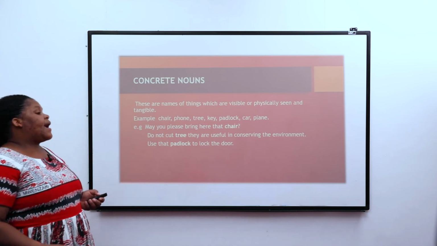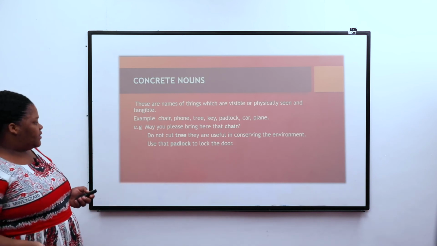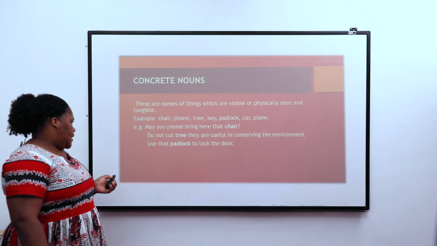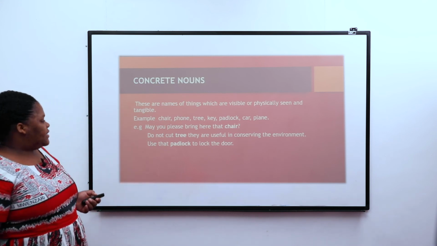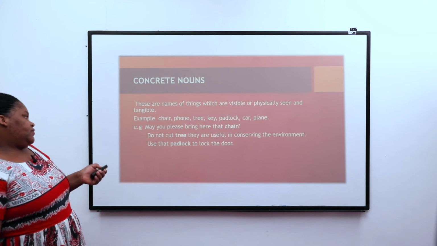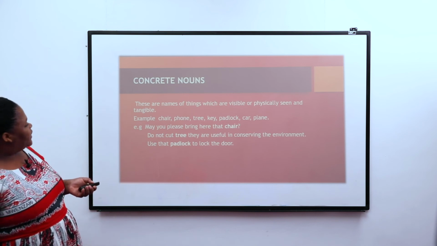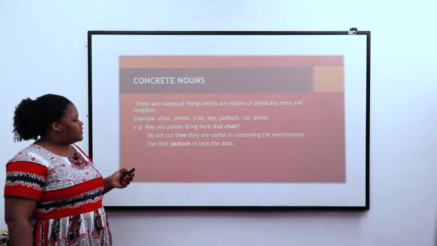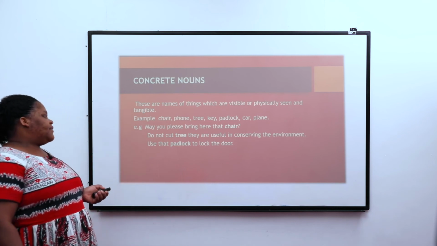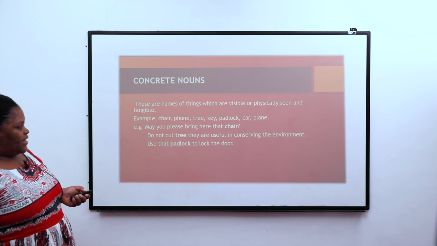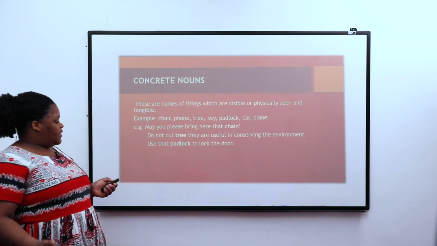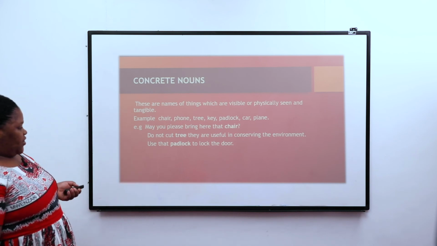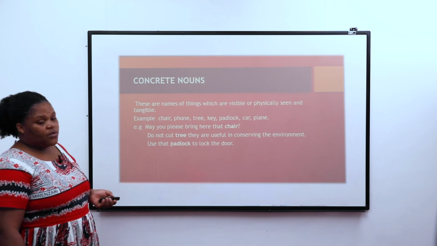All these can be seen and you can touch them. May you please bring here that chair. This is an example of a sentence which contains a concrete noun. Do not cut the trees. They are useful in conserving the environment. Trees, or tree, is a concrete noun. Use that padlock to lock the door.